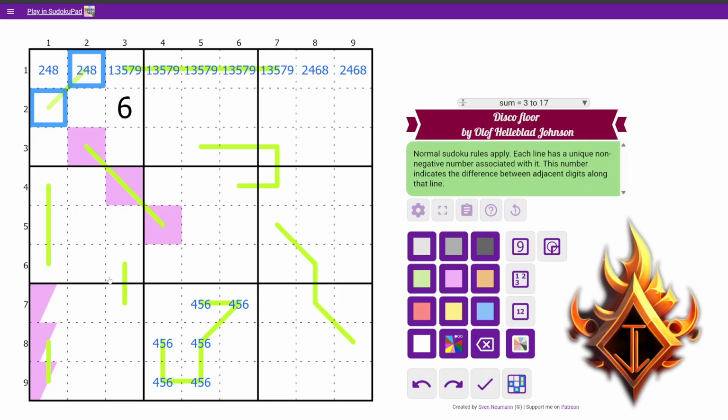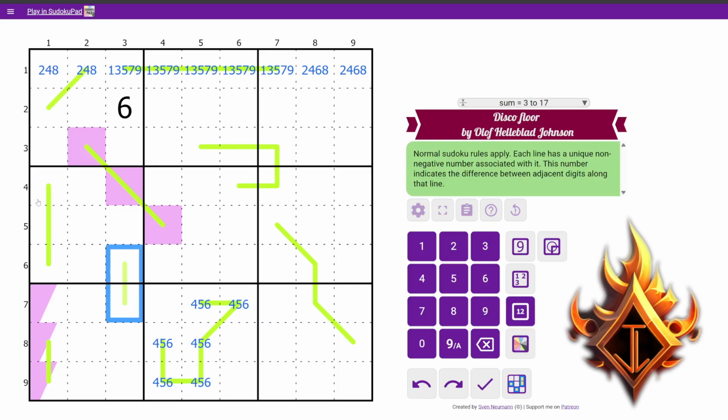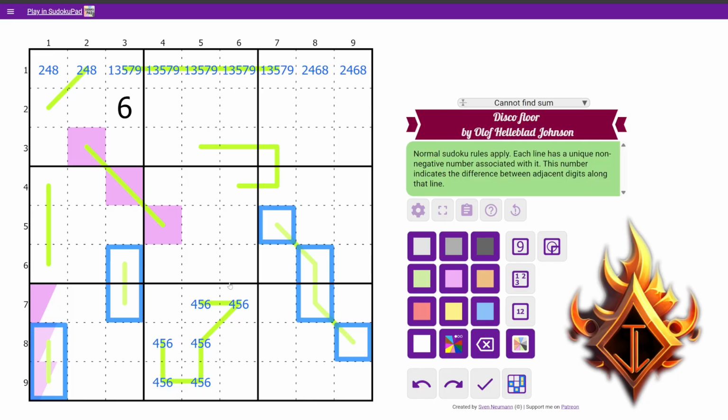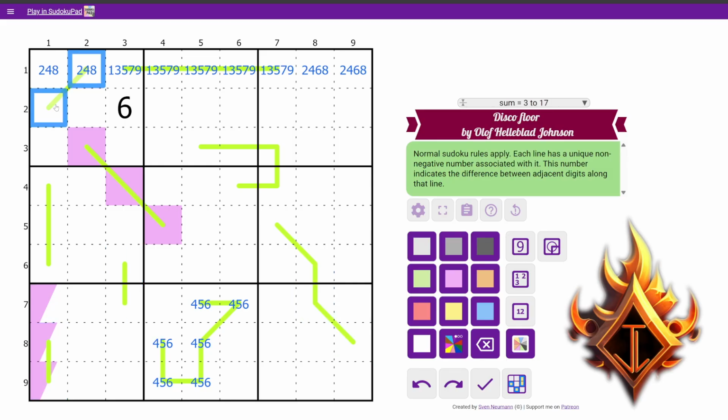So 8 is now this one, or this one. That one could be 7 though. 8, 1, or 2, 9 would be the only possibilities for 7.